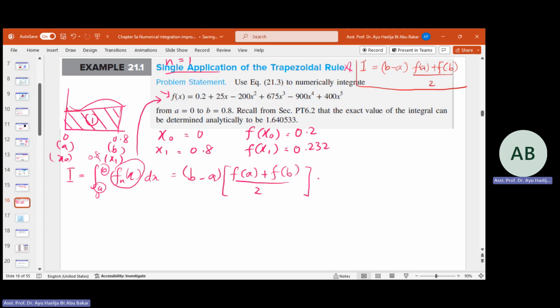Substitute the values. b is 0.8 minus a 0, multiplied by f(a) or f(x0), 0.2 plus 0.232, over 2. What do you get? 0.1728.